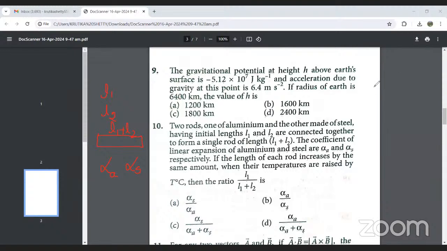What they are saying is that the change in length is equal in both cases. So I can take delta L1 equal to delta L2.